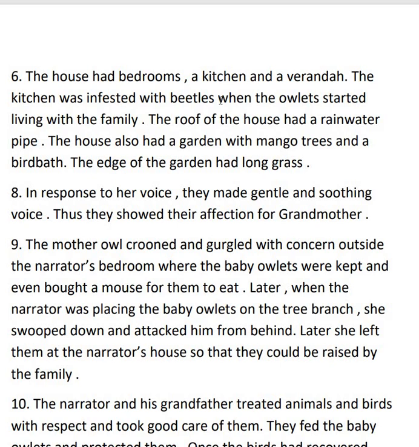When the owlet started to live with the family, at that time the kitchen quarters were full of beetles. The roof of the house had a rainwater pipe. The house also had a garden with mango trees and a bird bath. The edge of the garden had long grass. That means the garden was full of long grass.